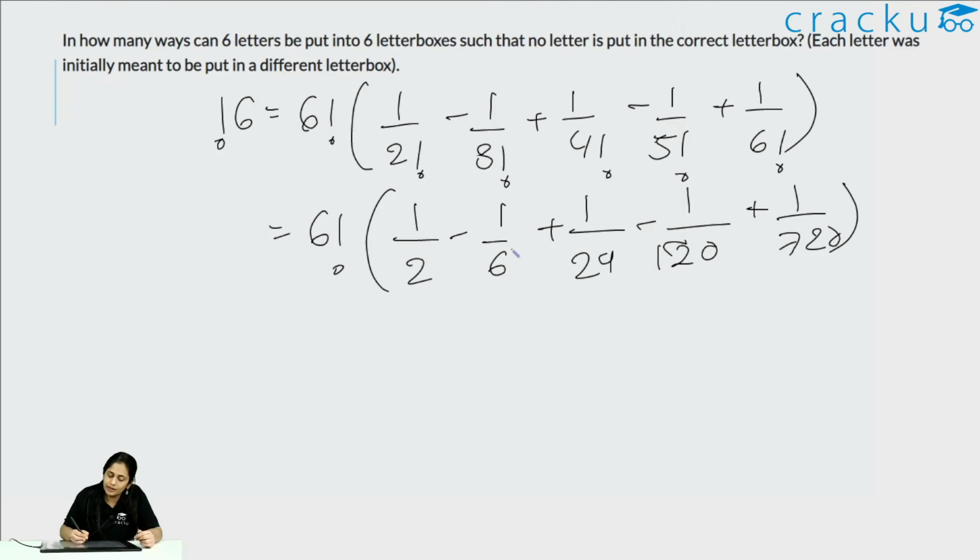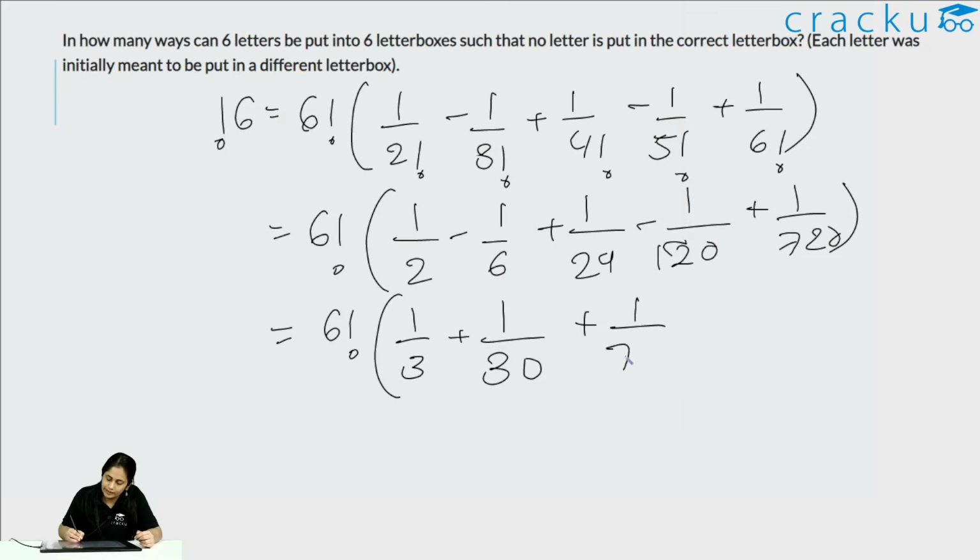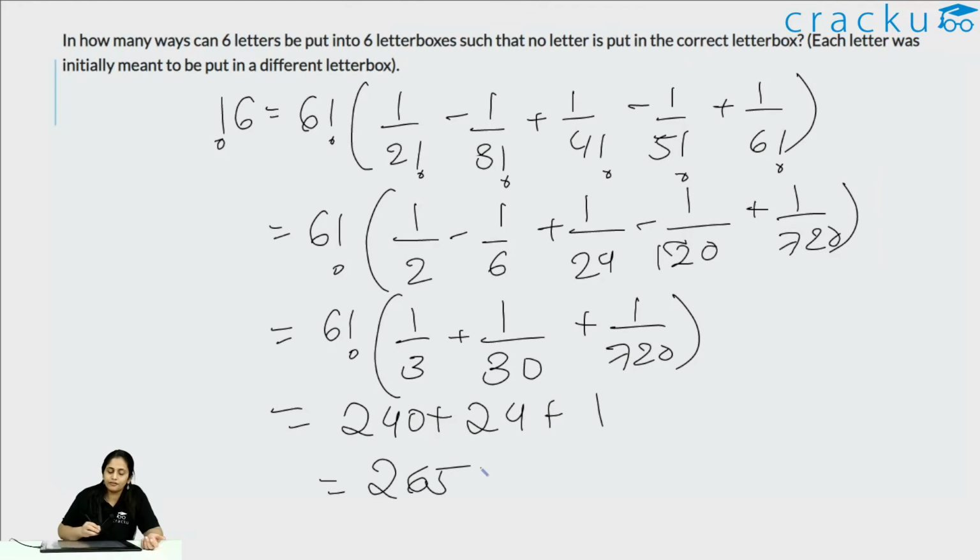So half minus 1 by 6 is 1/3. This is 5 by 120 minus 1 by 120, so that is 4 by 120, that is 1 by 30, plus 1 by 720. Multiply by 6 factorial, which is 720, so this is 240 plus 24 plus 1, which is 265. So the number of ways of disarranging 6 letters is 265.